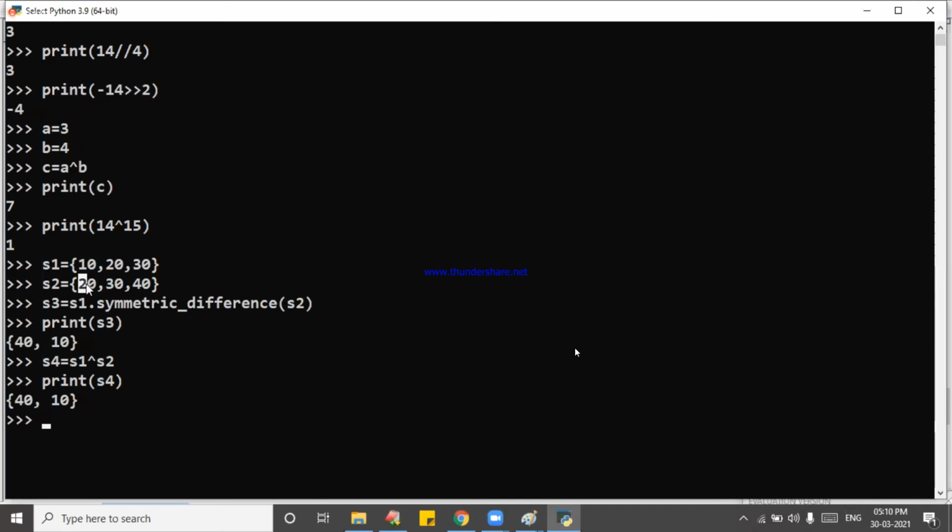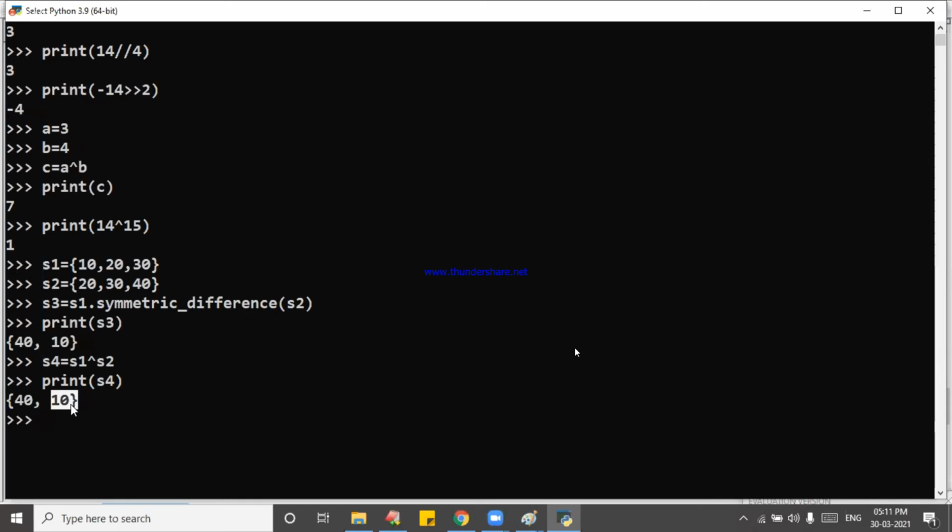Is the 10 present in the second set? No. No means 0. 1 and 0 is what? 1. 1 means what is the value? You understood? 10 is carried. See the result, how beautiful an example.